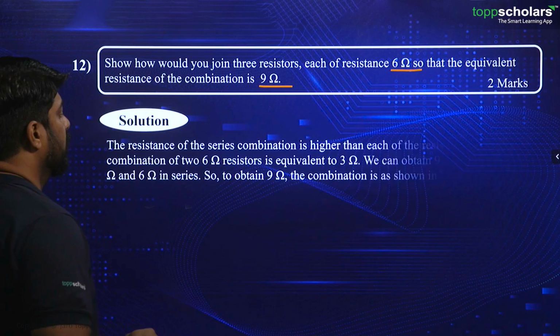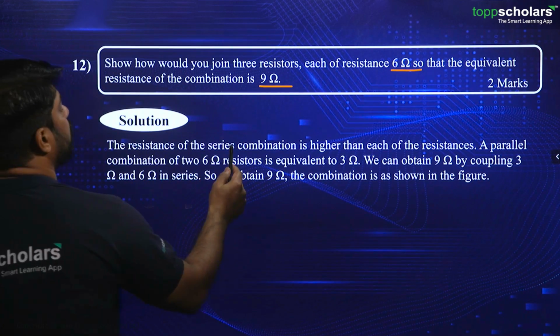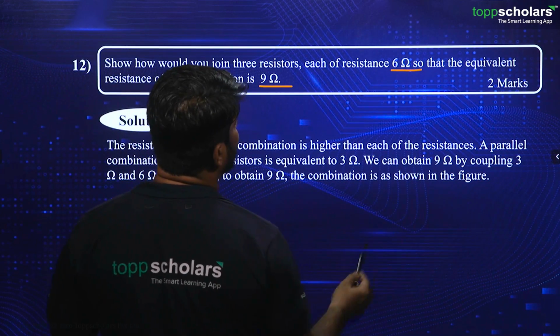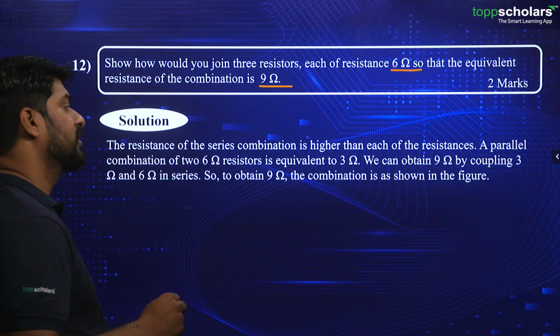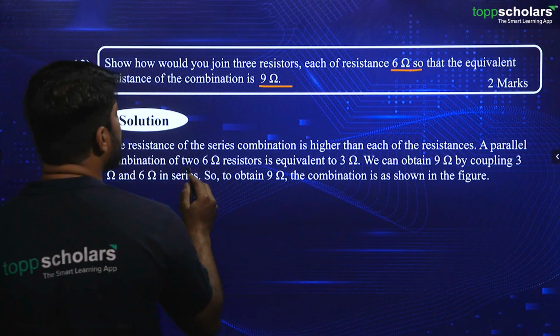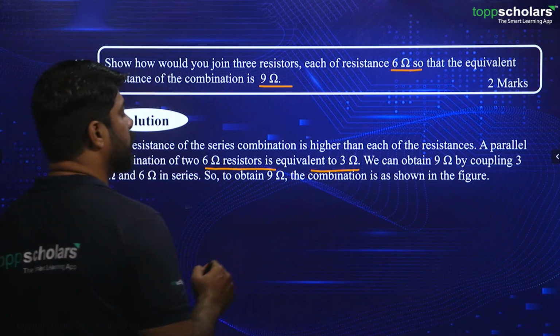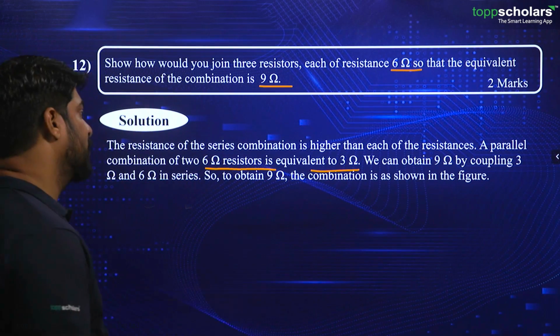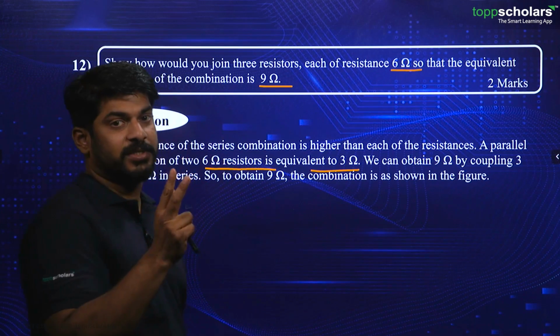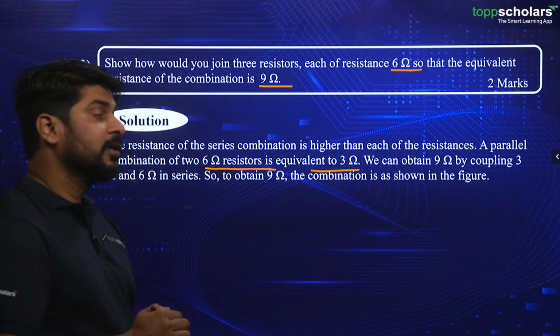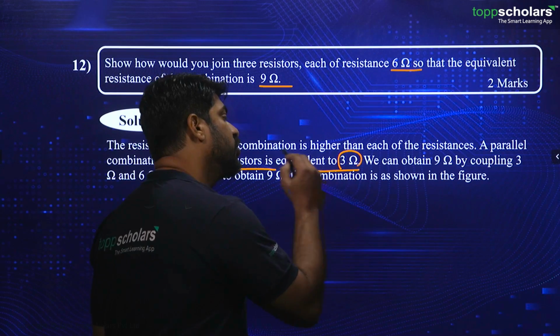The resistance of the series combination is higher than each of the resistances. A parallel combination of two 6 ohm resistors is equivalent to 3 ohms. So if you connect 2 resistors out of these 3 in parallel, then their equivalent will be 3 ohms.